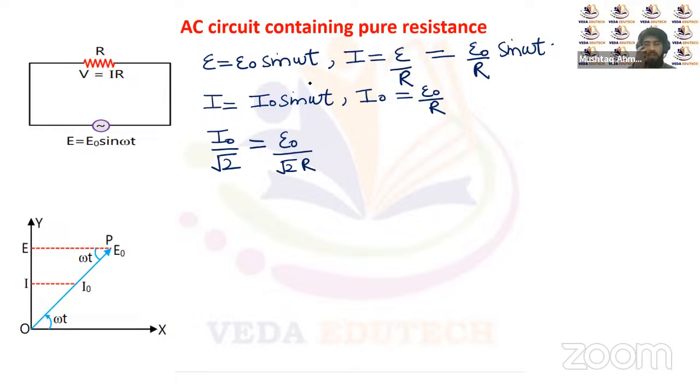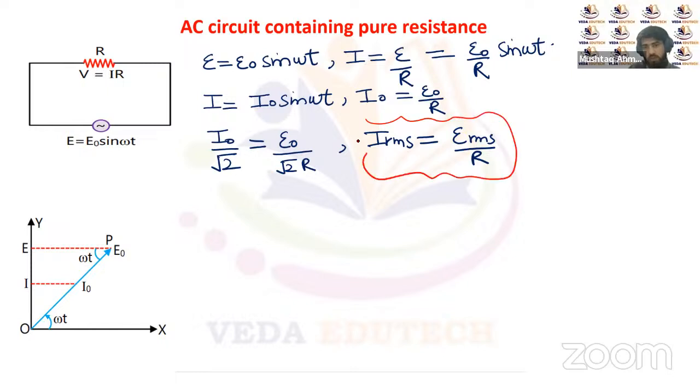So we can write IRMS is equal to ERMS upon R. This is a very important conclusion with respect to pure resistive circuits.